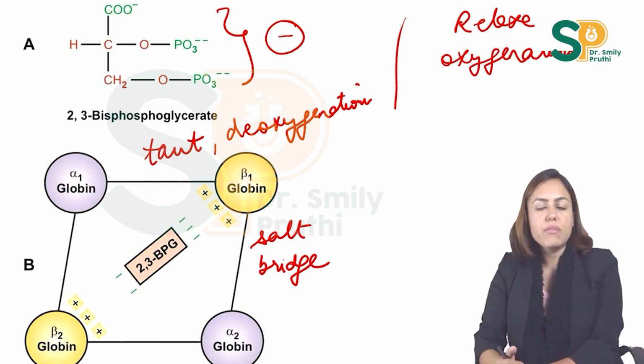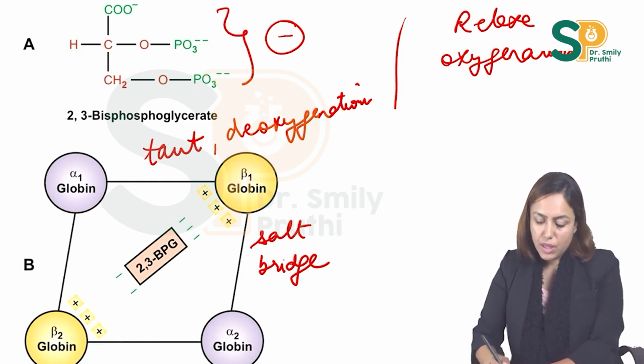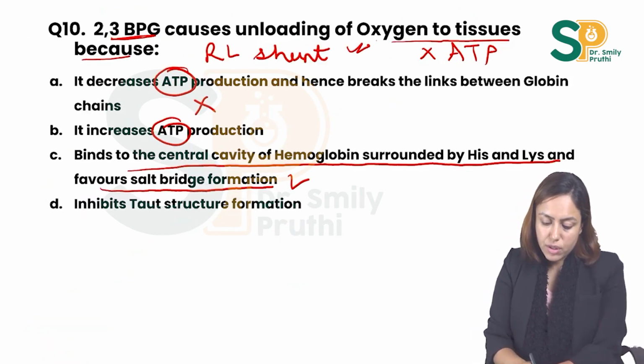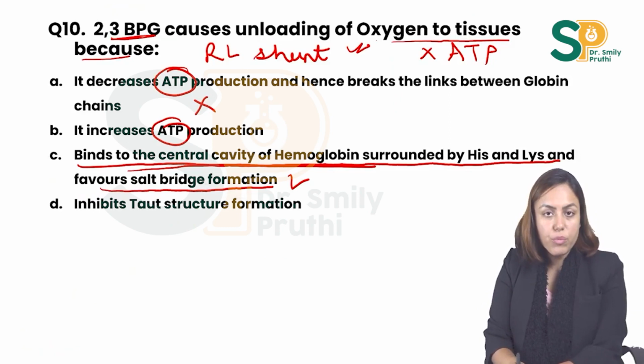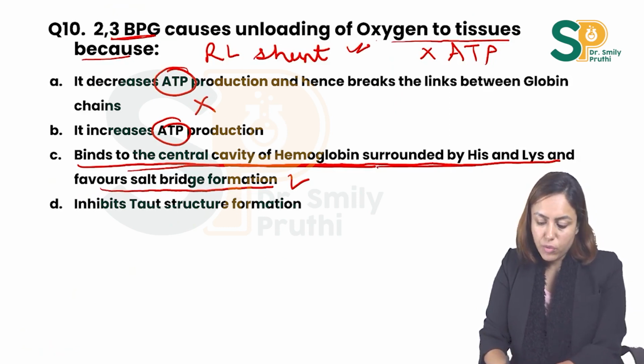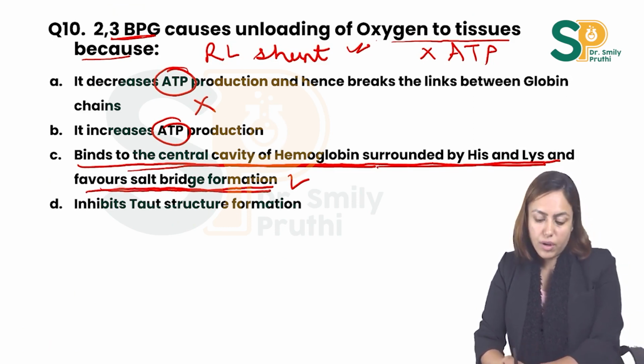Here 2,3-BPG levels are decreased. Okay. Now this was your answer, that it binds to the central cavity of hemoglobin, we just saw, surrounded by histidine and lysine, positively charged amino acids, and favors salt bridge formation, right?